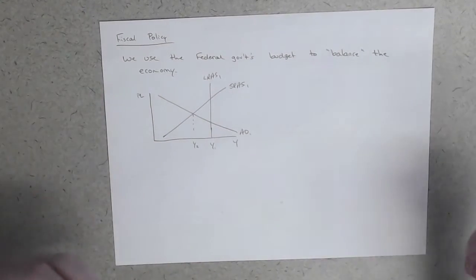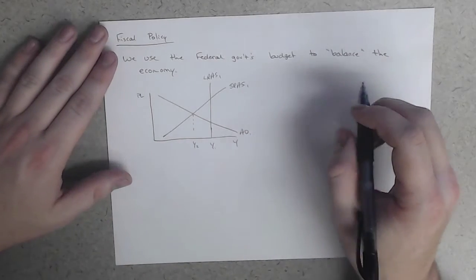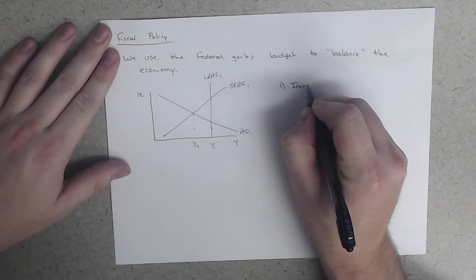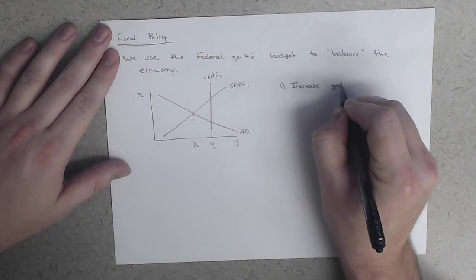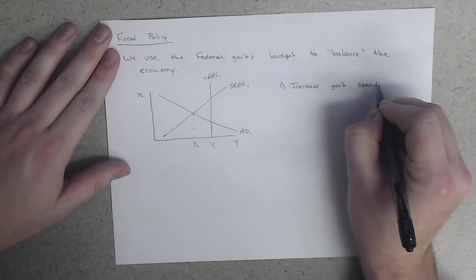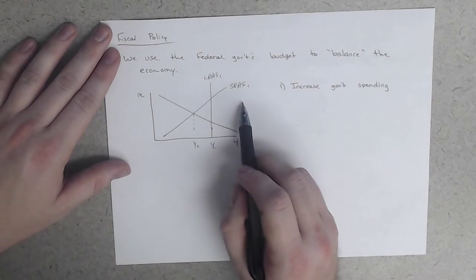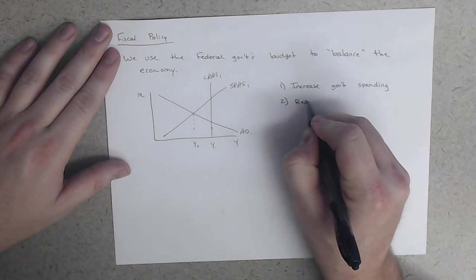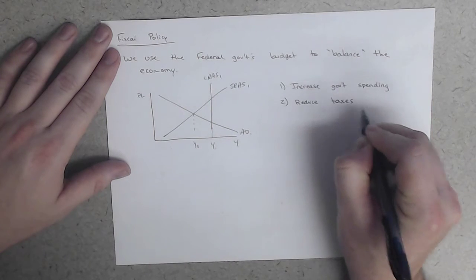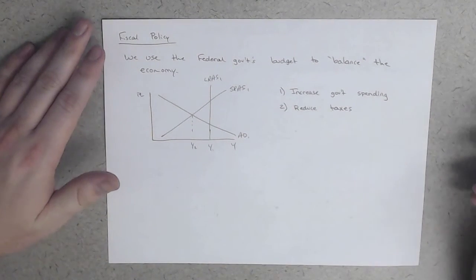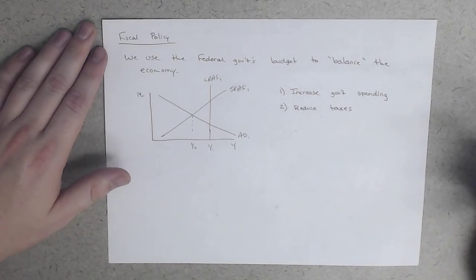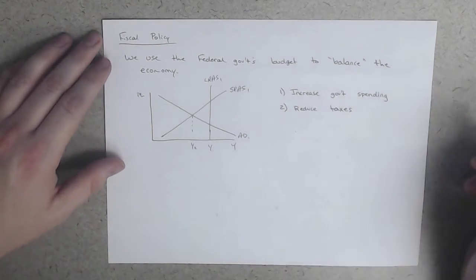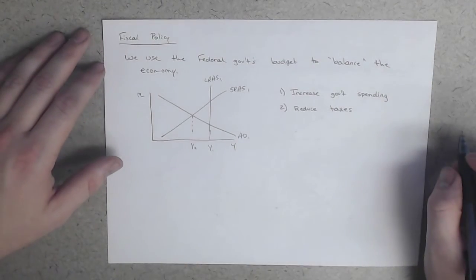If we need to increase aggregate demand, there are two ways we can do this. We can increase government spending, which will shift the aggregate demand curve to the right, or we can reduce taxes. If we reduce taxes, that will leave more money in people's pockets and allow them to spend more of it on consumption. Both of these will increase aggregate demand.